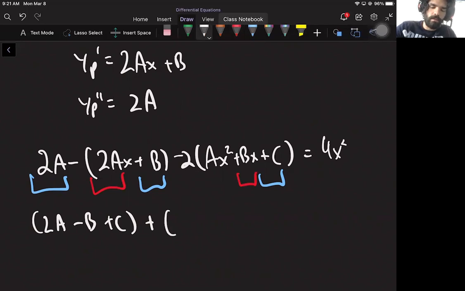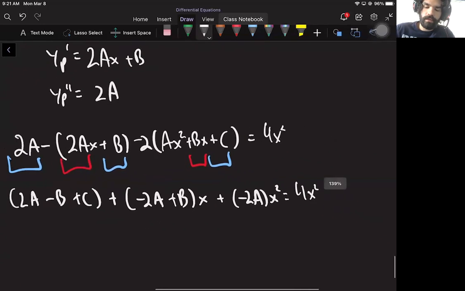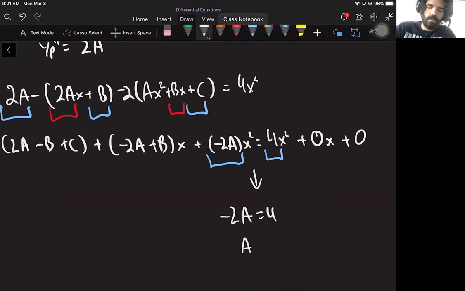So I have a minus 2a plus b x, and then the things with x squareds, there's only one of them, negative 2a x squared. So now I know what a should be, and I can also figure out b and c, because the idea is how many x squareds are there on the right? There's 4. That means I need this to equal 4. So that tells me that negative 2a equals 4. That's how many x squareds I need. a equals negative 2.